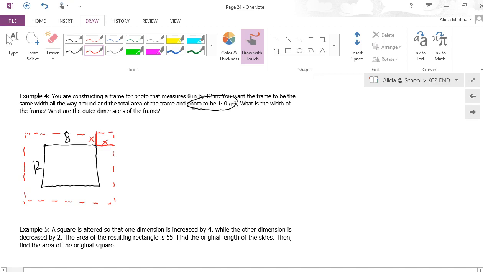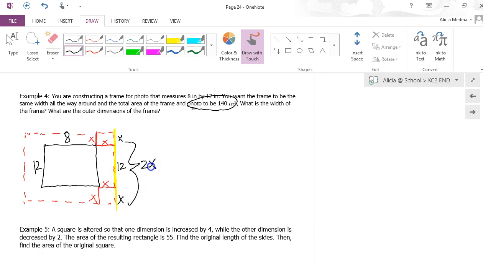So what that ends up kind of being for myself is that if I see on each side of my picture frame, the total length then from this distance, including my picture, and this distance, would be, well, how many x's do I have? I have an x here, and I have an x here, and this was 12. So therefore, this whole side is going to be 2x plus 12.